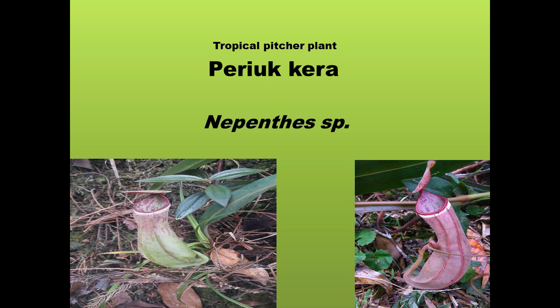One of the most popular plants found at Penang Hill is the tropical pitcher plant, or people usually call it monkey cups, with the scientific name Nepenthes species. It is a genus of carnivorous plant in the monotypic family Nepenthaceae. They are mostly liana-forming plants.